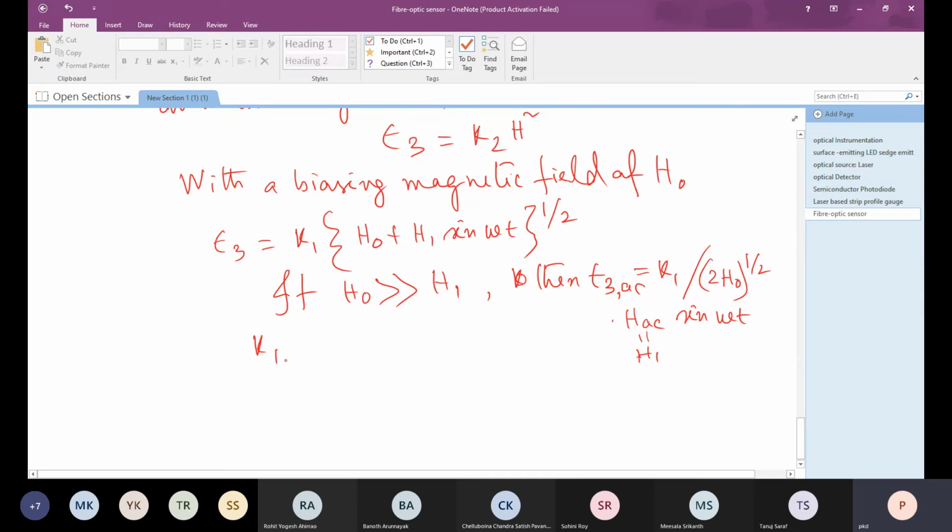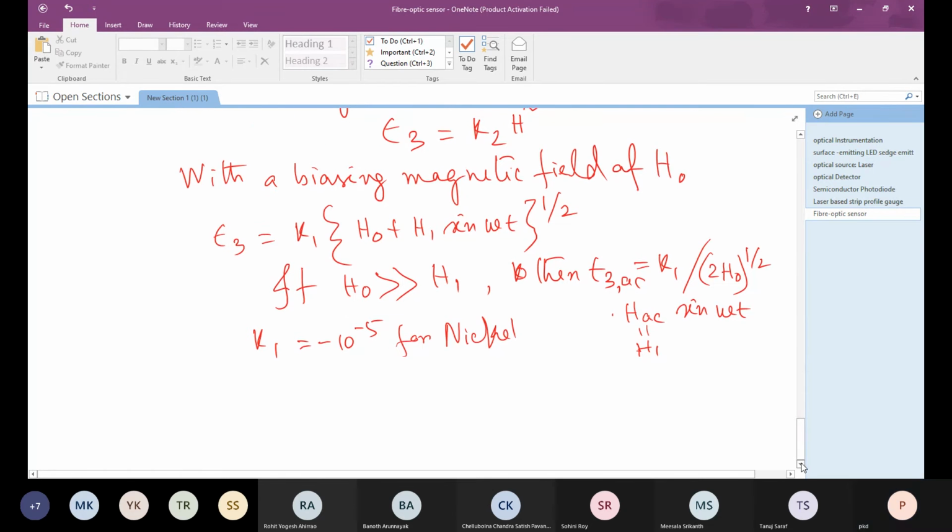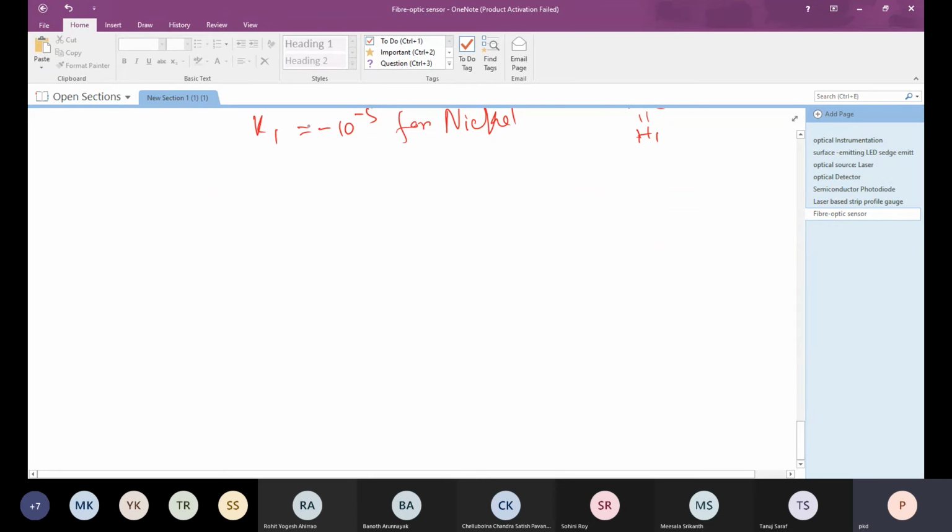K1 for nickel is equal to minus 10 to the power minus 5 approximately.